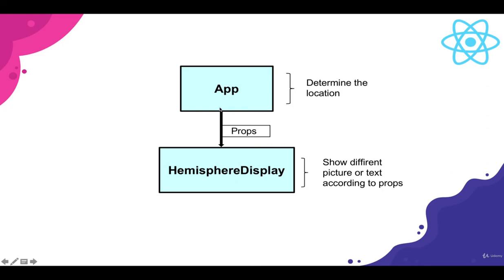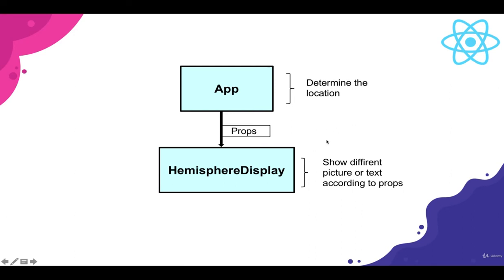application. So I think that we need, in general, two different components. We're going to need an App component that is going to be responsible for determining the location of the user.